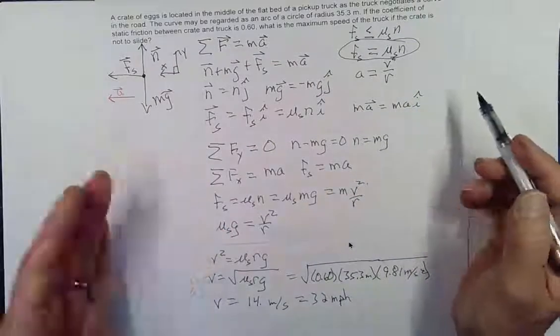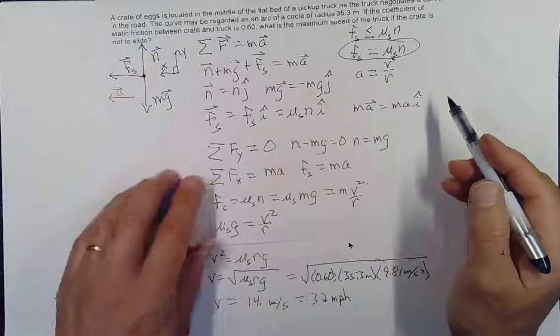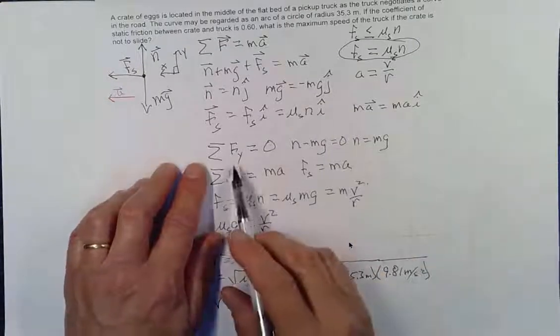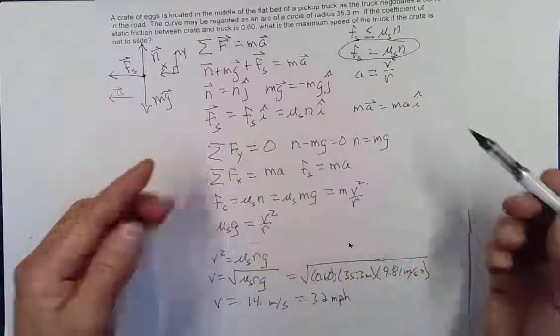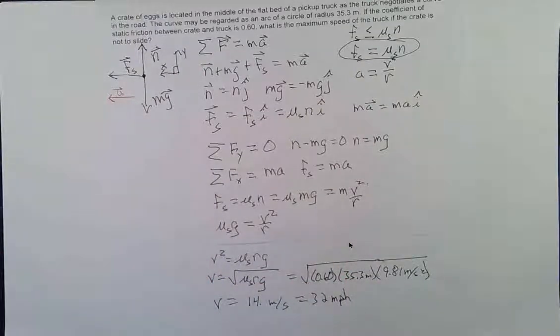And then in the coordinate direction where there was no acceleration, the sum of the forces must add to 0, so N minus mg. And then I proceeded through to solve it. This is pretty much the procedure I follow on all of the Newton's second law problems that I solve. So I continued with that pattern here.